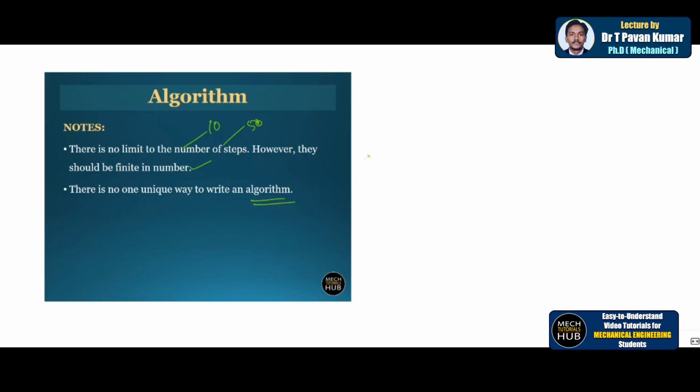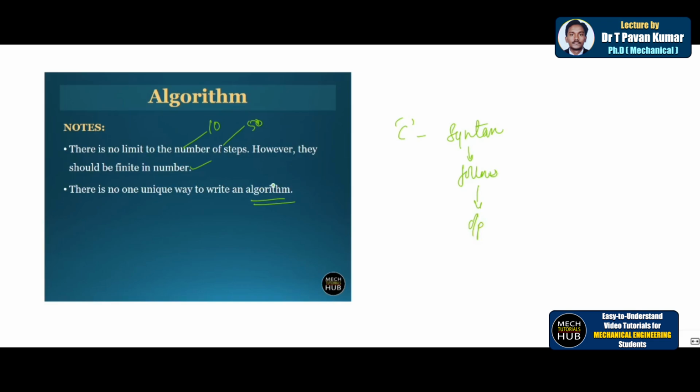There is no one unique way to write an algorithm. For example, in C, as I said, there is a syntax. We have to follow that syntax. Unless you follow the syntax, you can't get the output.